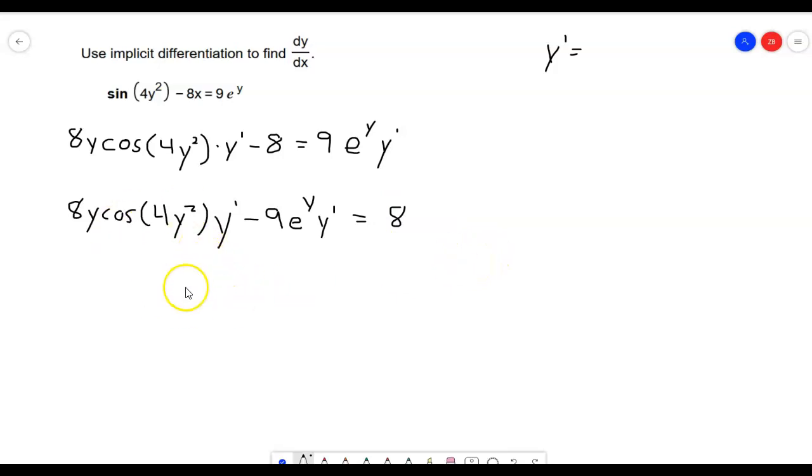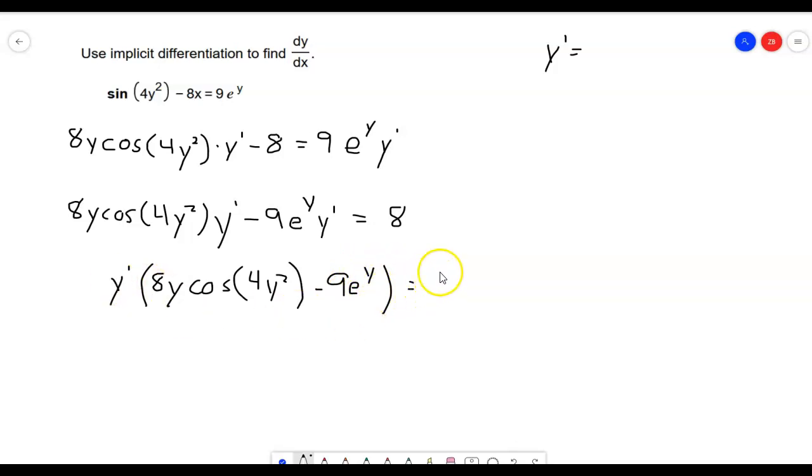Now, why are my terms with y primes on one side and the terms without y primes on the other? Hopefully it brings up some memories, but if it doesn't, it's because I want to factor it out. So y prime factored out, and I'm just left with 8y cosine of 4y squared minus 9e to the y, which is equal to 8.